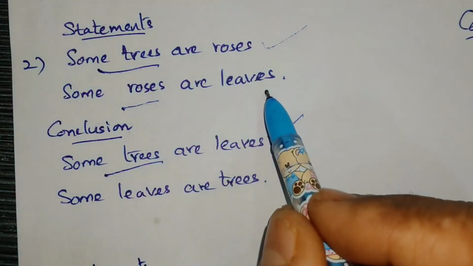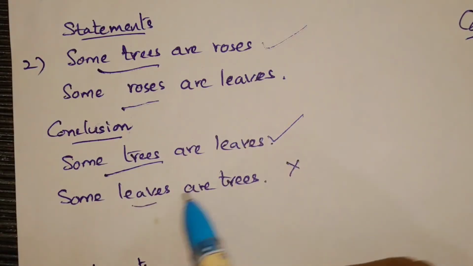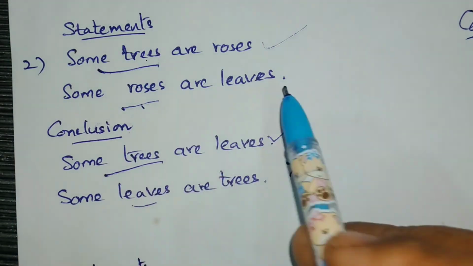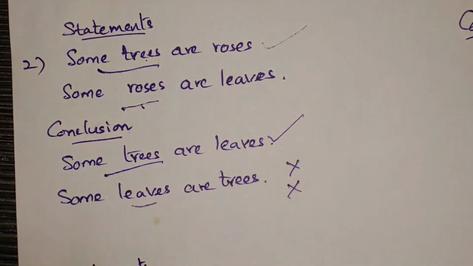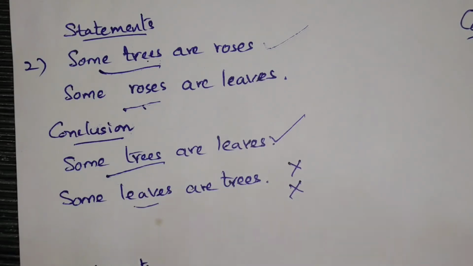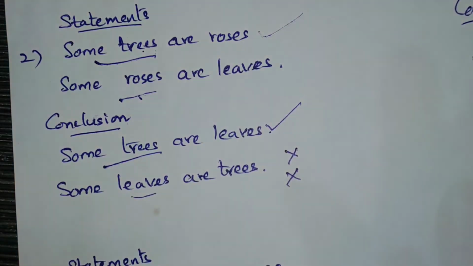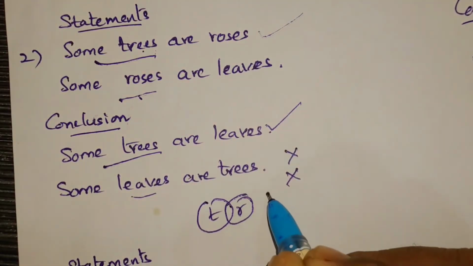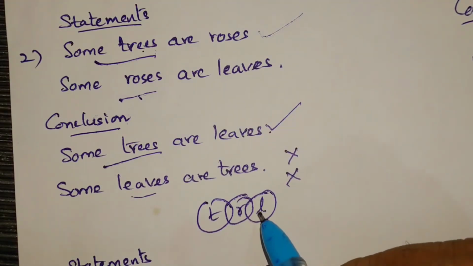Some roses are leaves, some leaves are trees. Some trees, some leaves, does not follow. Though "some" is there in the statement and "some" is there in the conclusion, it must follow only if we are talking of the same subject, so let us check it. If you draw the diagram, some trees are roses, some roses are leaves.